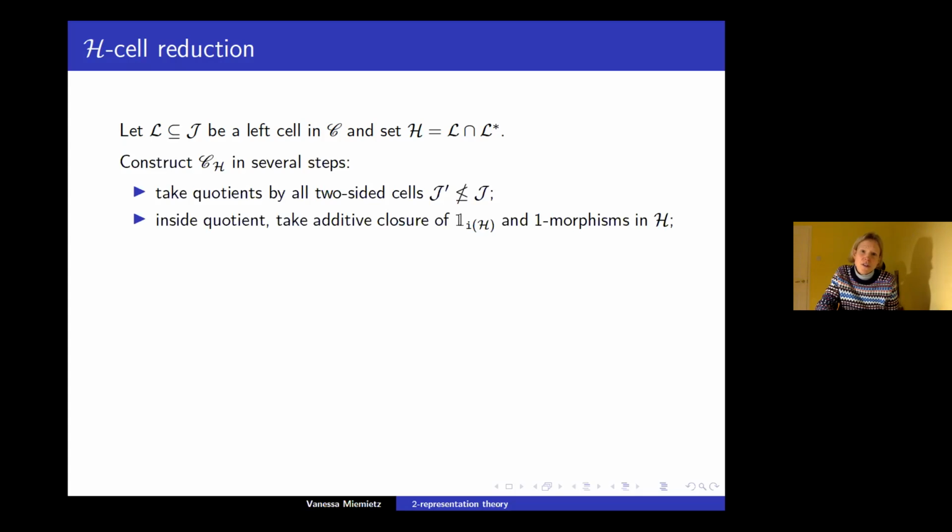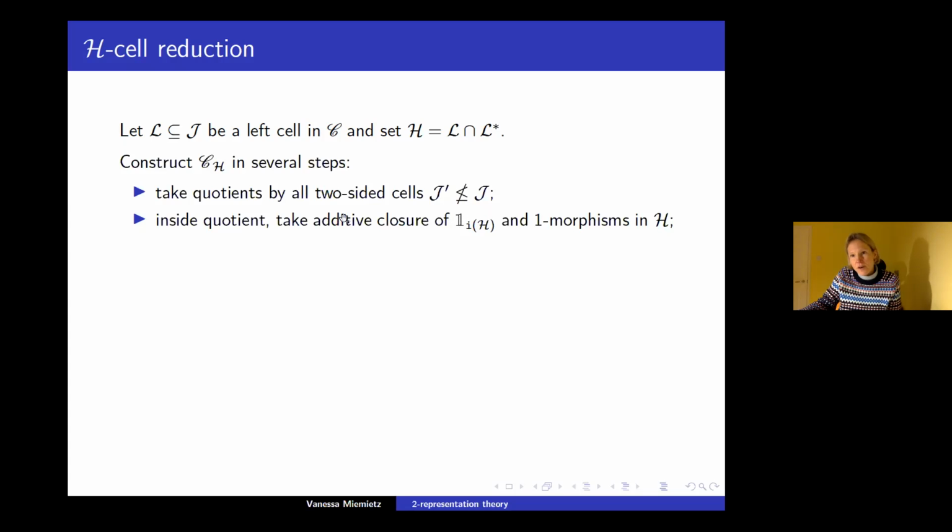Then inside this quotient, I take the 1-morphisms in this H cell, and they all have the same source and target. So they're all in some fixed Cii, and then I add the identity on that as well, because I still need a 2-category.